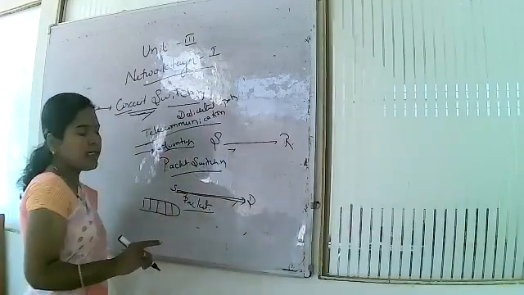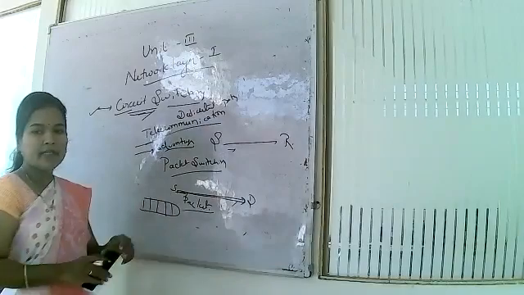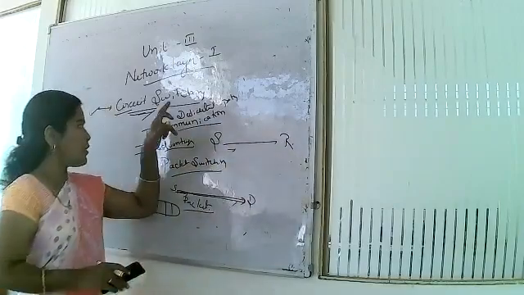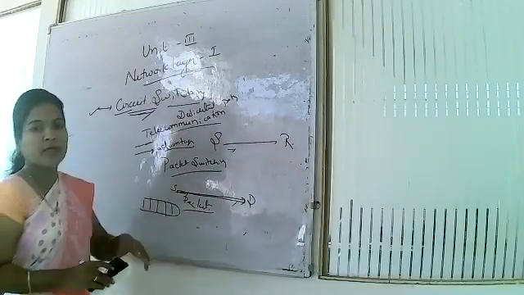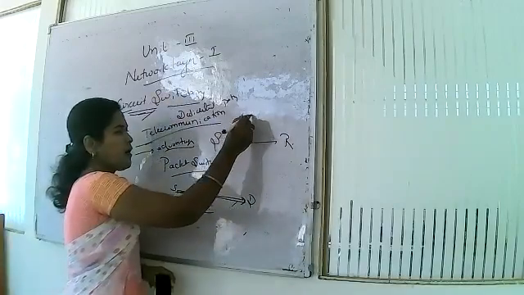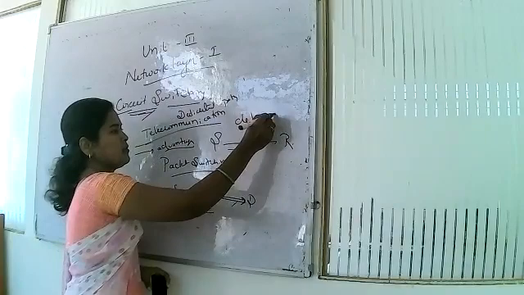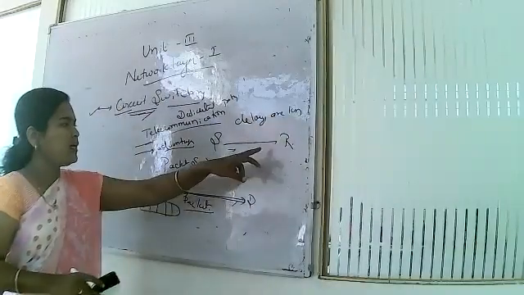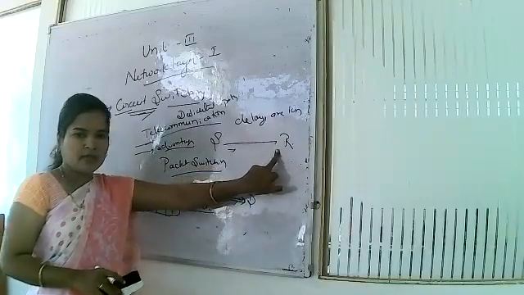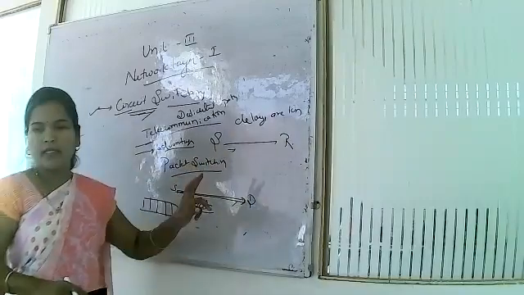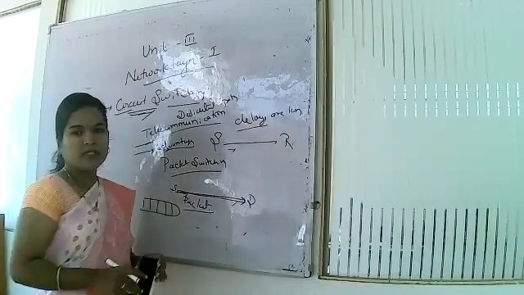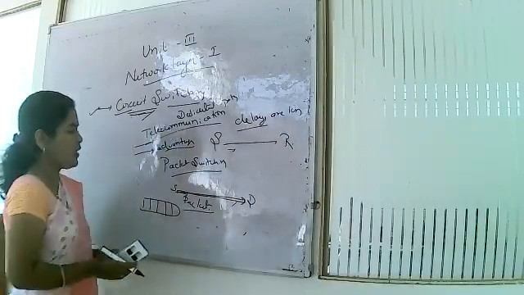That is the first point. The second thing is that with a dedicated path between source and receiver, that is, with circuit switching, delays are less. Why are delays less? Because the path is already present, so there is no delay in transmitting the data.